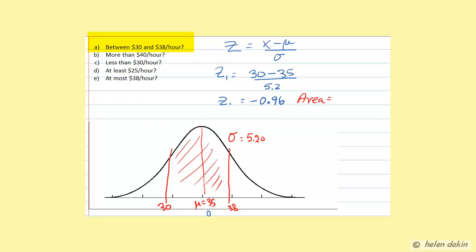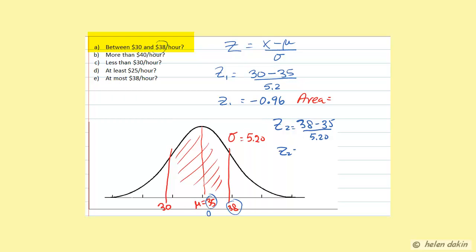Now, I will also calculate the other Z value. The other Z value, we'll call that Z2, is the Z value for the $38 per hour. And that's going to be $38 minus the mean, $35. I want to find out how far away this number is from the mean with respect to the standard deviation of $5.20. So that's why I use this relationship, x minus mu over sigma.